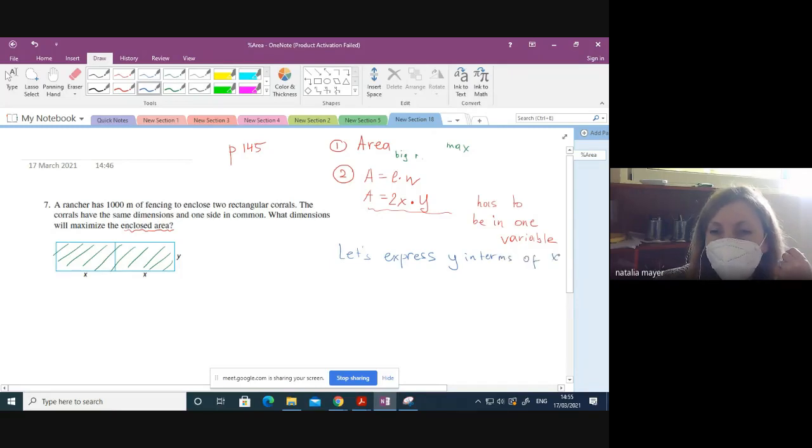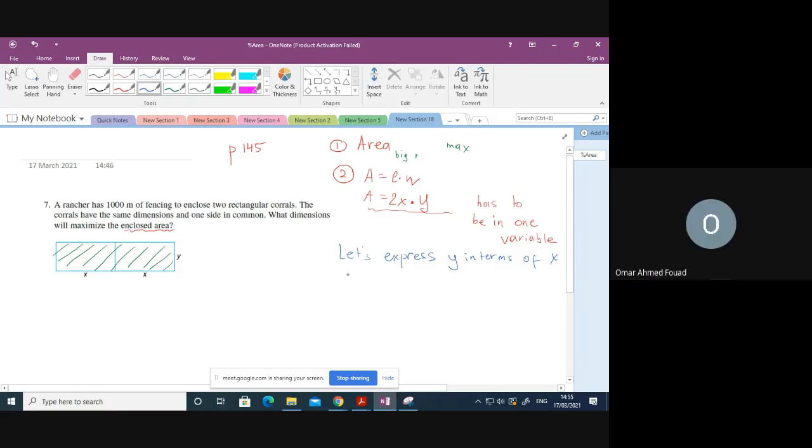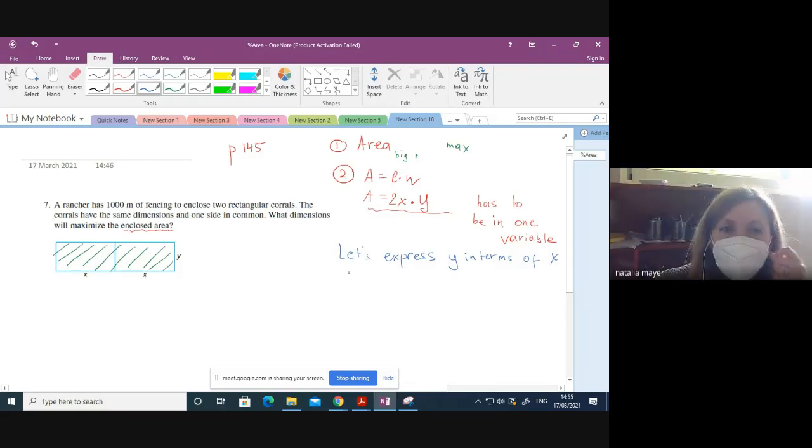Okay, so what other feature of the rectangle is linking the variables x and y? The perimeter. What do we know about the perimeter of this enclosed area?